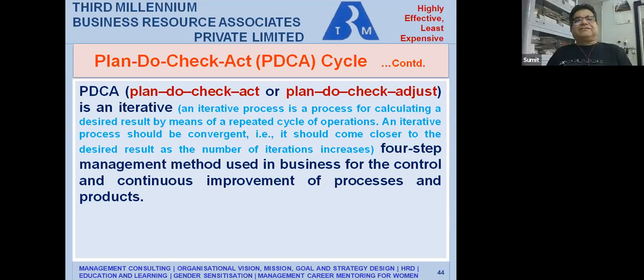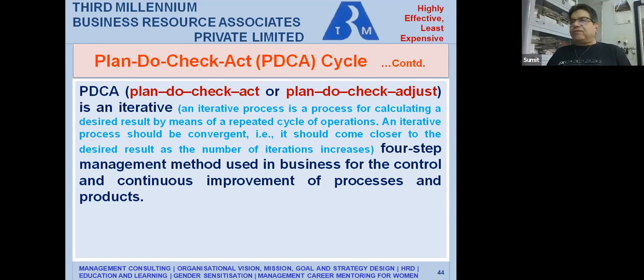That is why, and as you can see, it is called an iterative process. What is an iterative process? You have an objective. You are trying to achieve that objective by planning, then doing what you have planned, then checking what you have achieved, and then acting on what was found to be lacking.